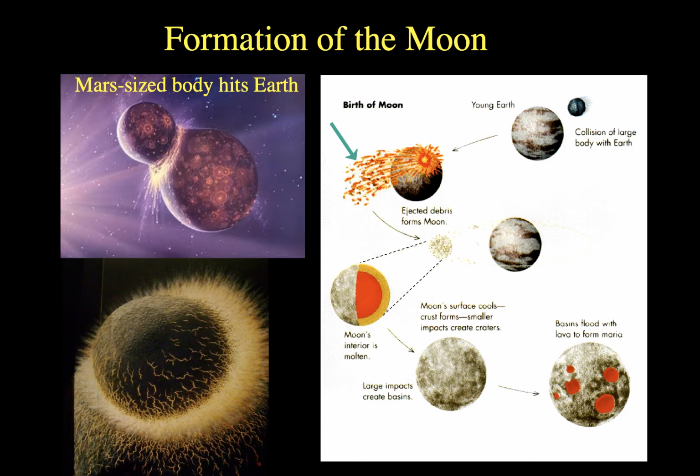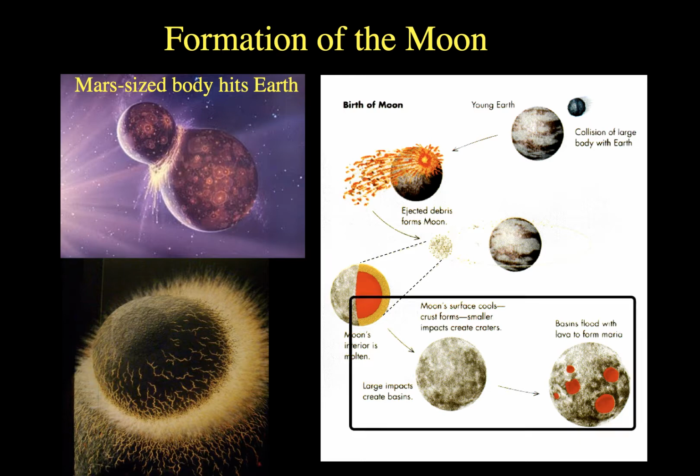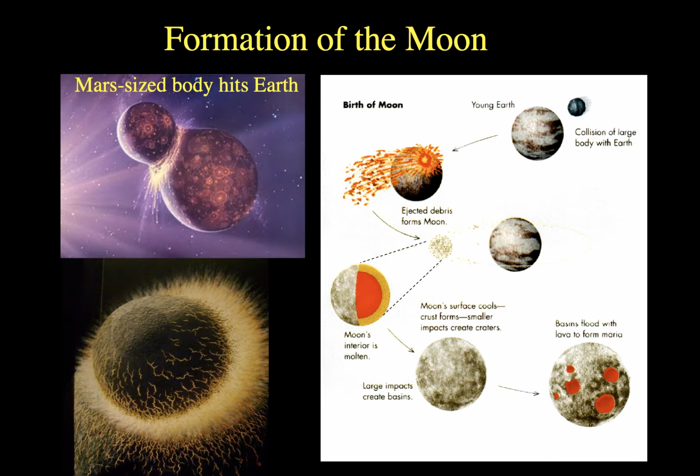That ripped away those upper layers, and that's what became the moon. Those eventually started to cool and accrete into the moon, although initially there was more than one moon. There were probably at least two moons and some tiny little moons, some of which still exist and are circulating around the Earth.